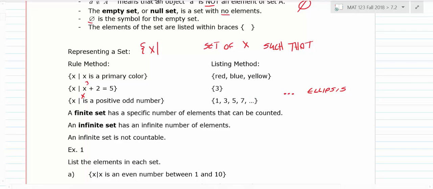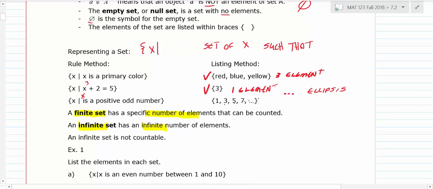Okay? We have two types of sets. We have a finite set, which just means you have a specific number of elements. For instance, this is a finite set right here that has 3 elements. This right here has 1 element. So these are examples of finite sets. That and that are finite sets. An infinite set just means it has an infinite number of elements.